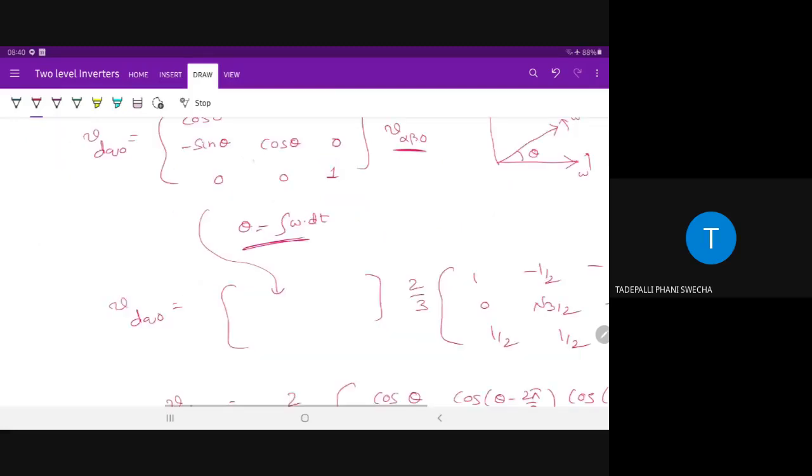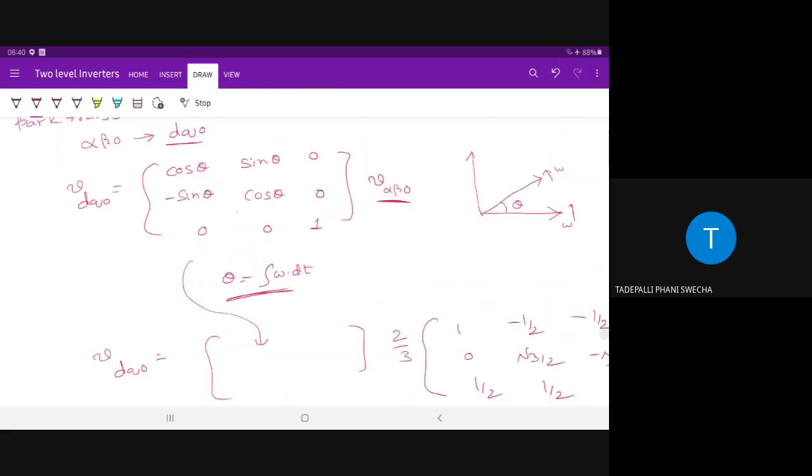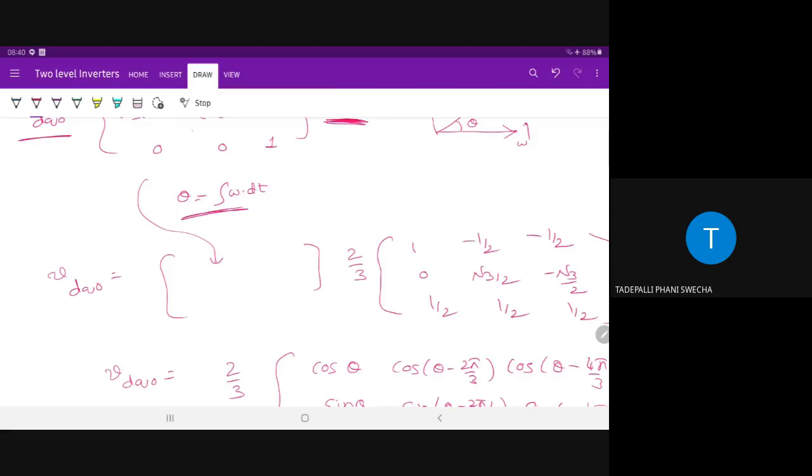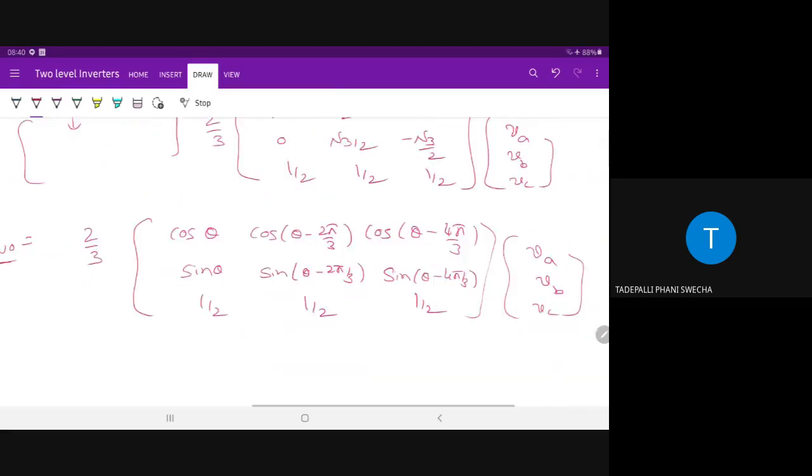So don't get confused. This is dq0 to alpha beta 0 reference frame transformation, right? And this is direct transformation, so dq0 to ABC reference frame.